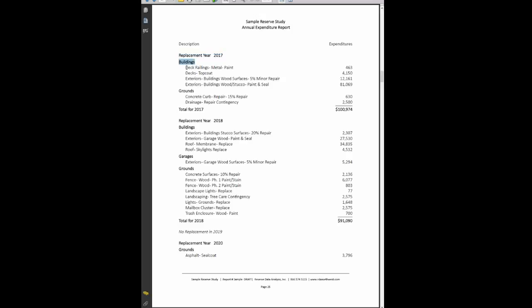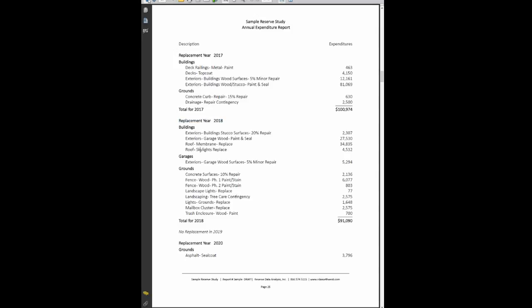Within the buildings group we have these particular components, and we also have grounds components. We have a couple more components under grounds, and then a total here for 2017. That's the total amount projected to be needed and spent on those components. And again, that's broken down per year, 2018 and 2019, etc. So this goes on for several pages here.